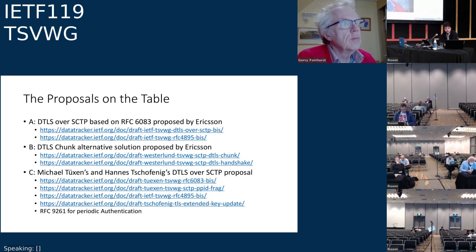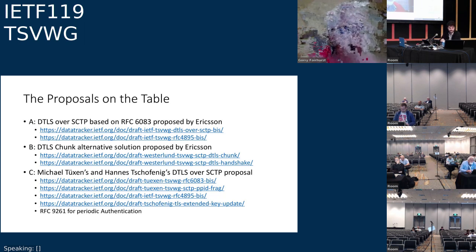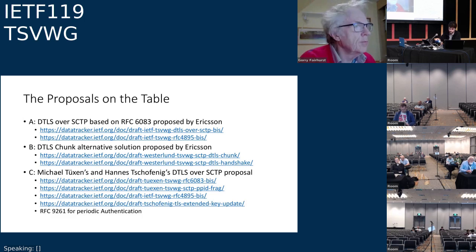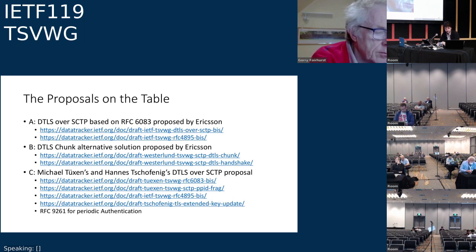Proposal B is Ericsson's proposal for updating or replacing that proposal, which is covered in 2 parts. There's one details chunk covering the aspects which go into the STP stack, and handshaking and rekeying functionality on top of the STP stack. So draft Westerlund TSV STP details handshake.